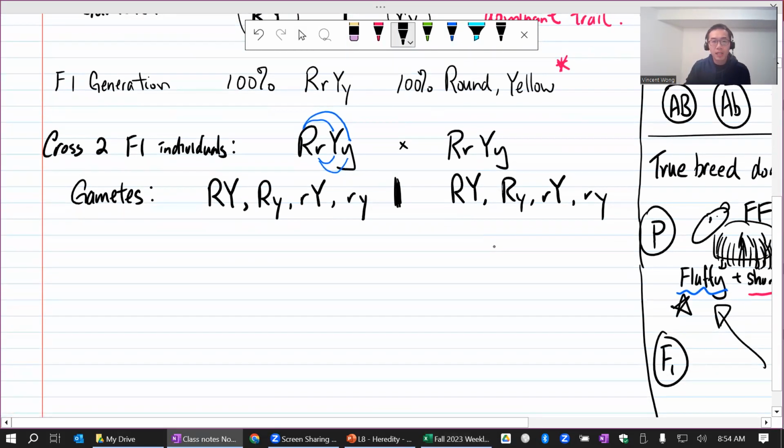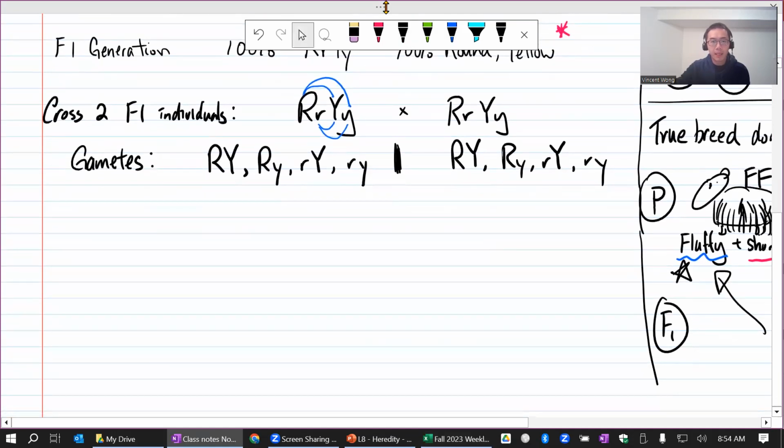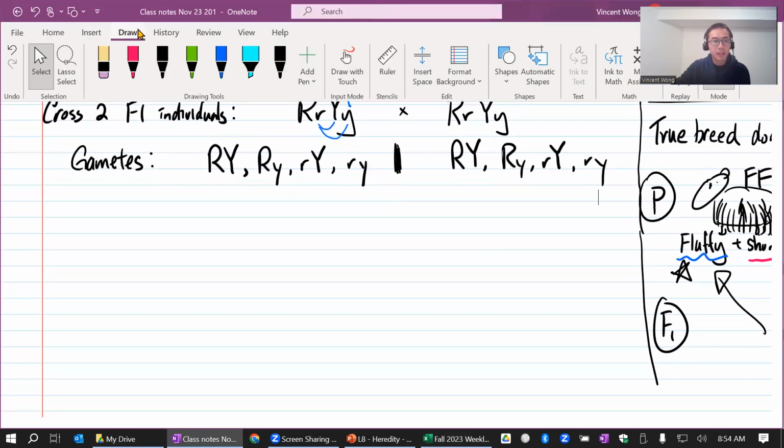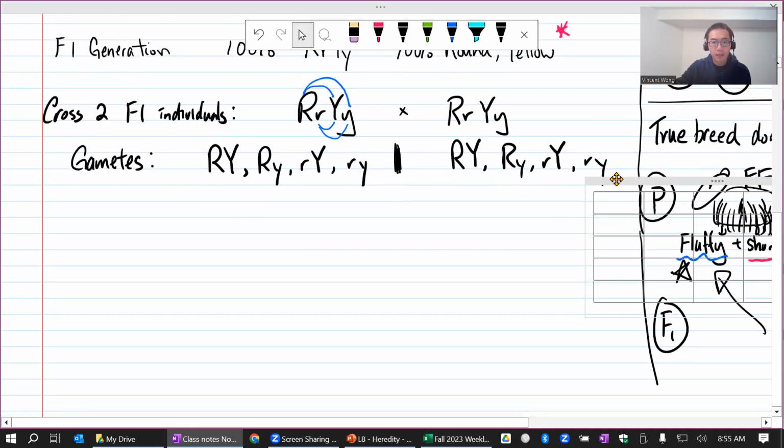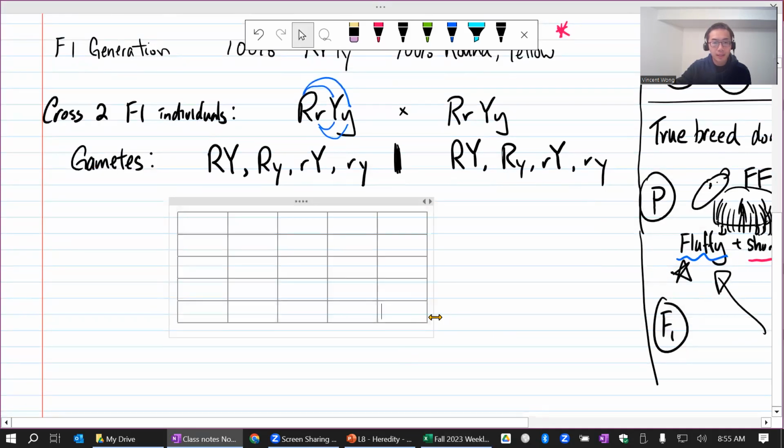So now I have to set up my Punnett square, right? My table. Okay, and the table is going to be pretty big. It's going to be 4 by 4, like this. Okay, I'm going to see if I can make this bigger.